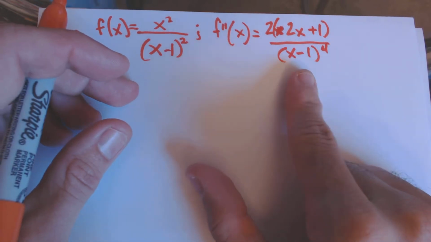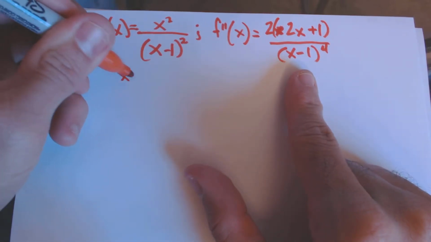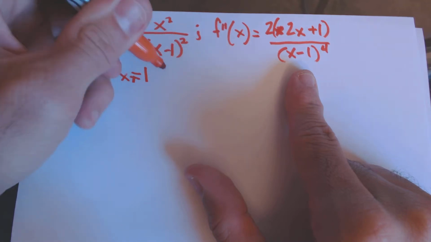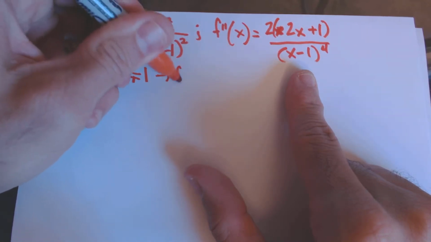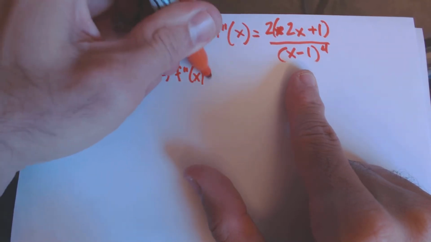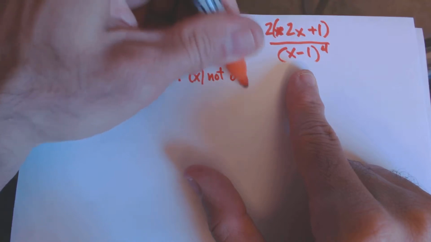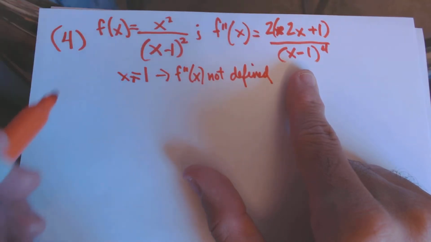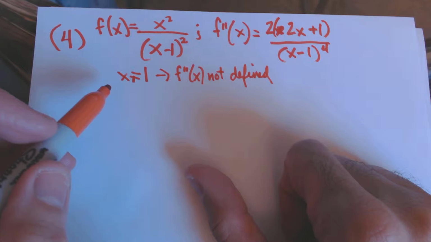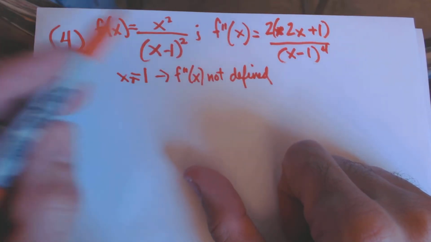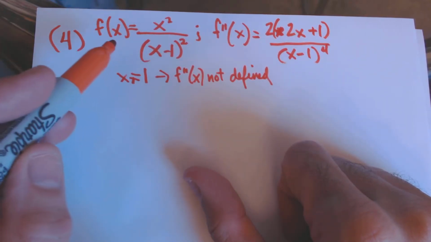So the second derivative is not defined at x equals 1, and the function is not continuous at that point either.